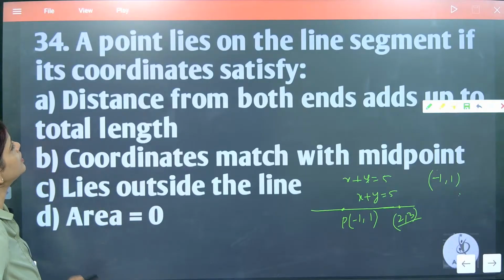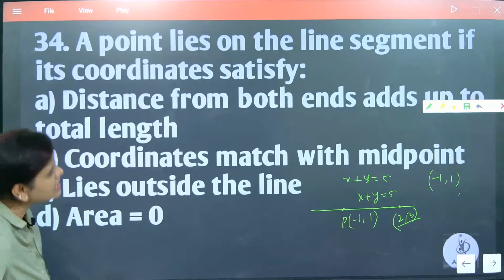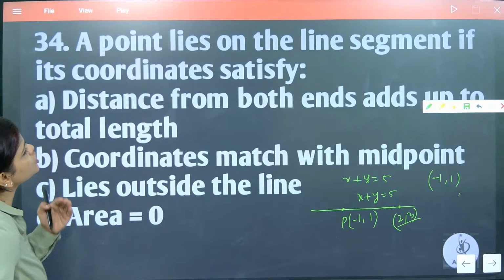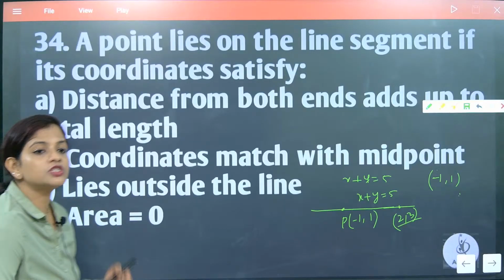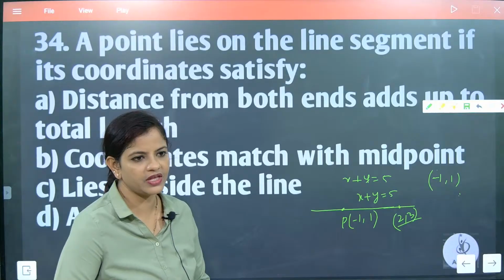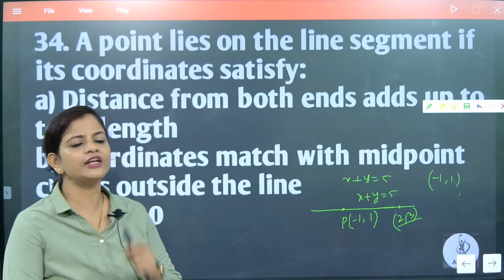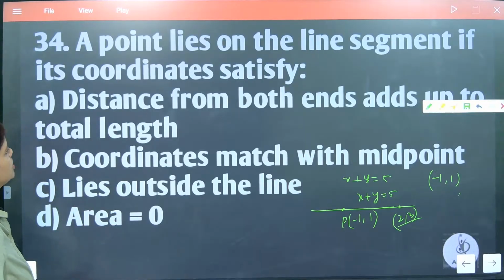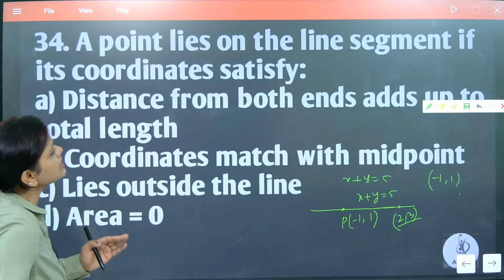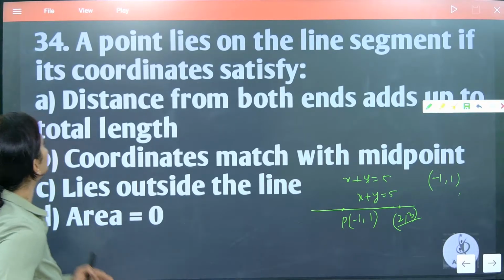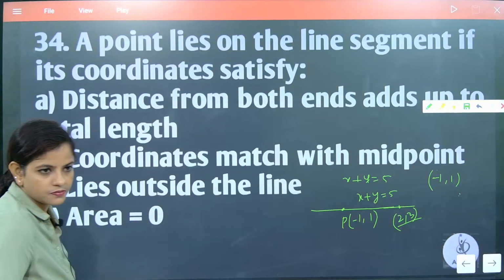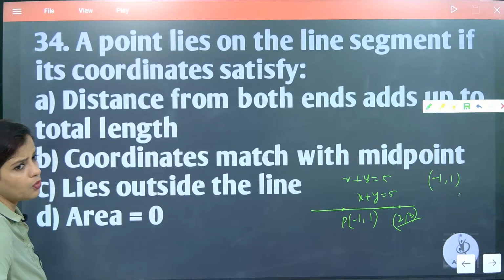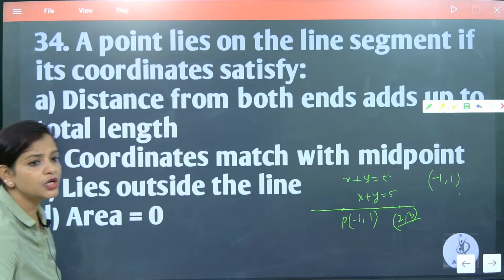A point lies on the line segment if its coordinates satisfy something. What is the condition? The distance from both ends should add up to the total length.